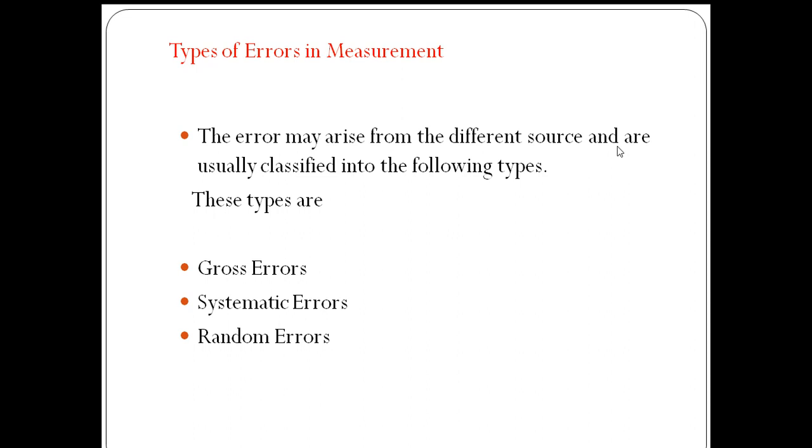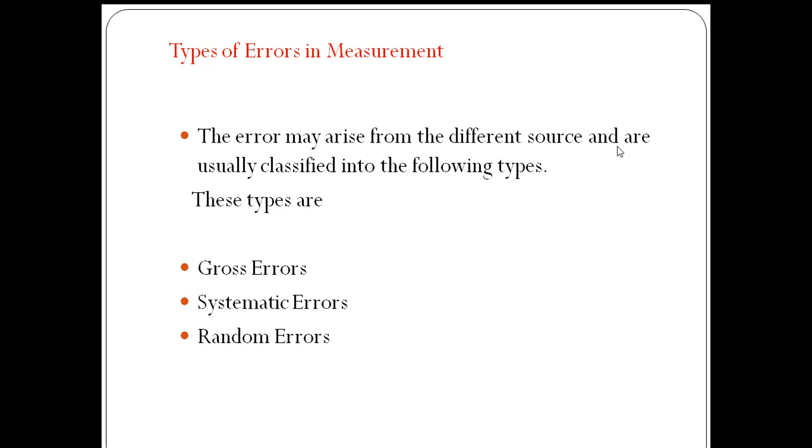We have to choose a proper range of meter, 0 to 100 volts instead of 0 to 300. So these are mistakes occurring due to negligence of the operator, or the persons operating or handling the equipment.